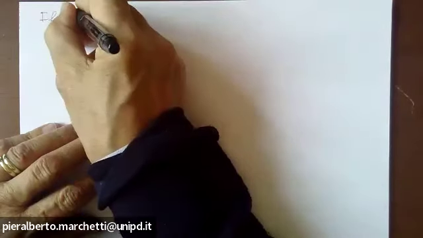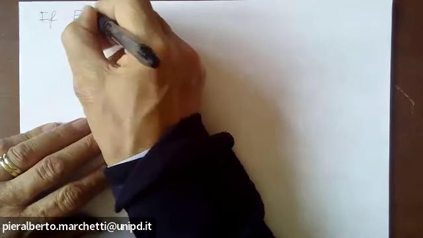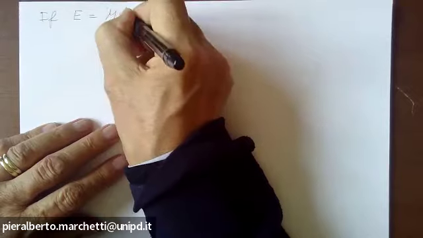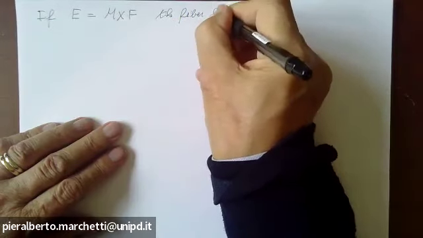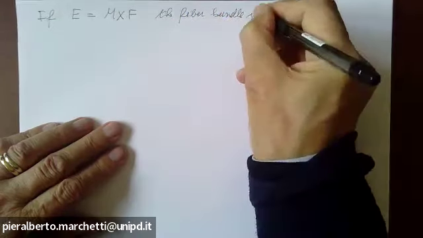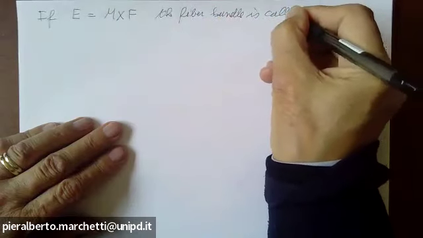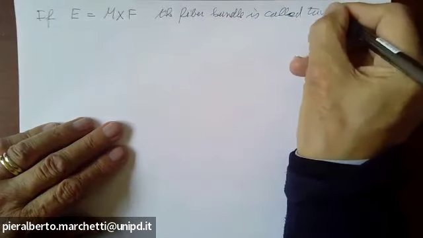Now, there is a special case, of course: if the total space is just given by the Cartesian product M times F, the fiber bundle is called trivial.